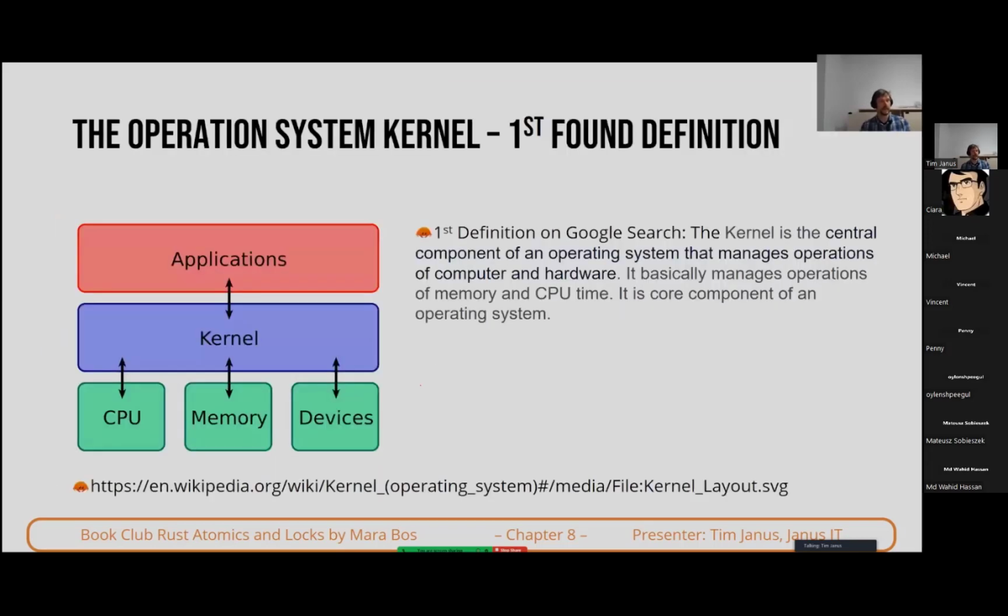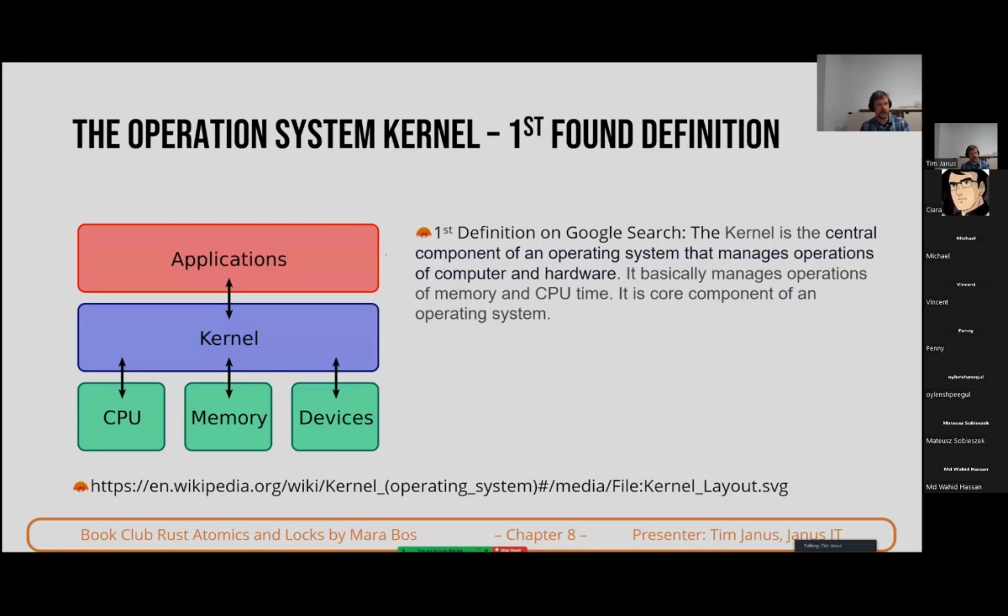I read the word kernel a lot and felt I had kind of an understanding of it, but as a scientist I wondered where a good definition was. I found one quite early, and it was quite an overview.